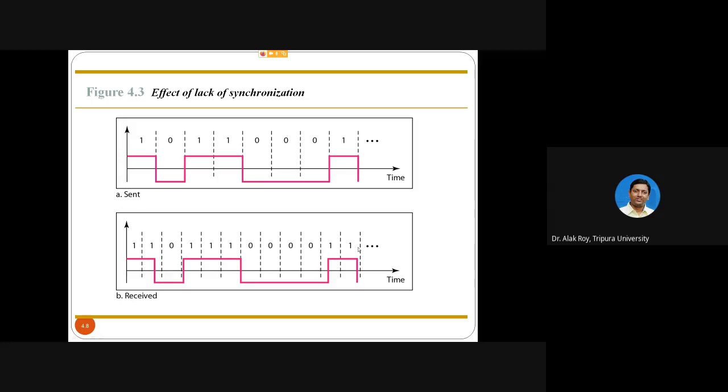So if synchronization is not there, what you are sending and what you are receiving will be decoded in a different way. So encoding and decoding will be different without synchronization. So time synchronization is an important factor in line encoding.